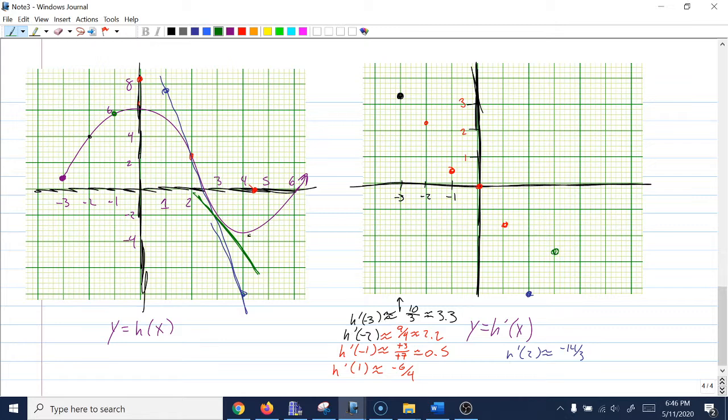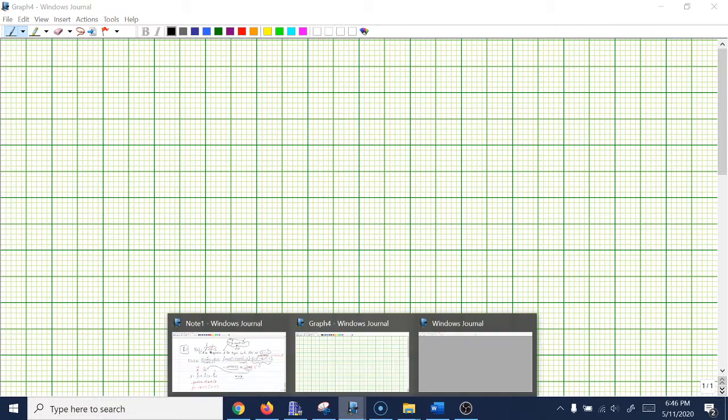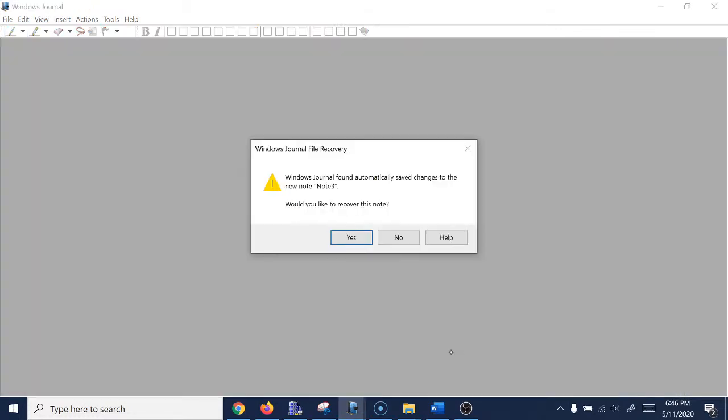And then at 4 it looks like it's even again. And then at 5 it's going up again. So this is a rise of 2, 4, 5 over 1, 2, 3, 4. Down 5 over 4 is 1 point something. Oh, that's not what I was going for. Oh man.